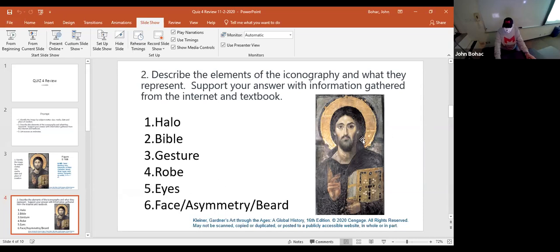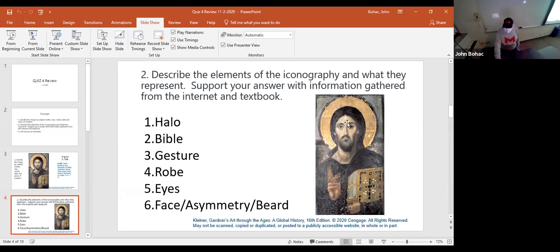The eyes, some of you guys wrote about this, and it's kind of hard to pull apart 5 and 6, but the eyes are different from one to the other. One eye is this side here, which is your left, his right, and this is the hand where he's blessing. On this side of the face, his eyes are a little bit more soft and more sympathetic.